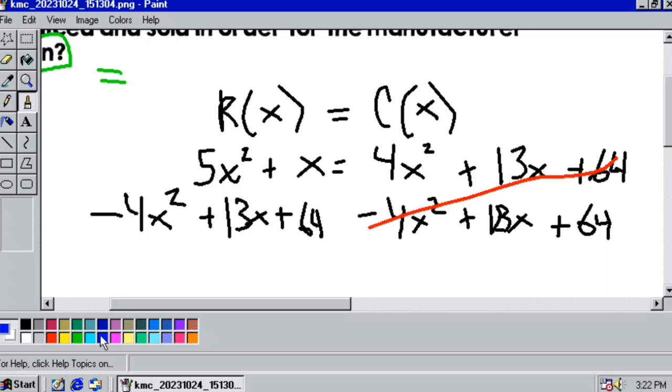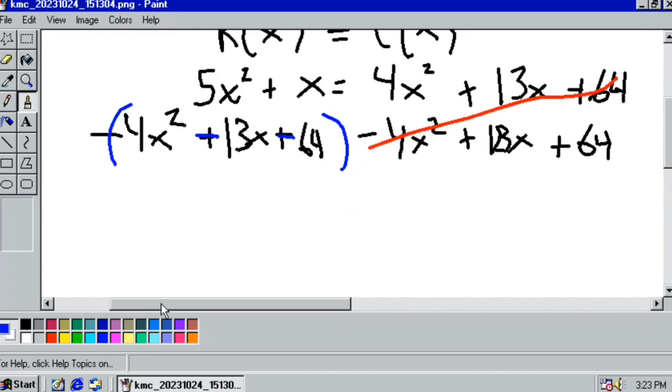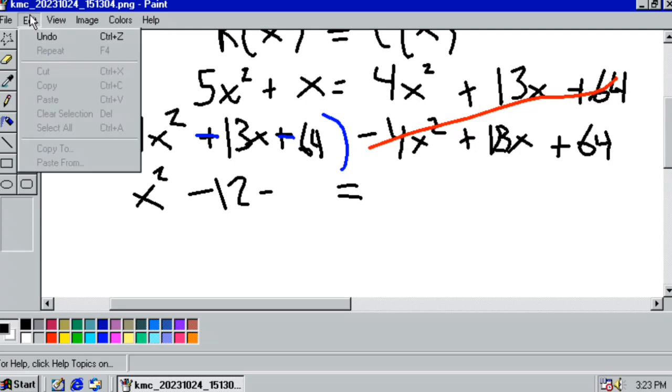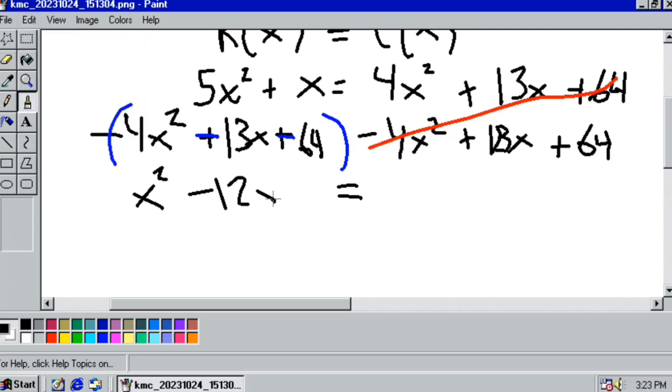Now we have a minus sign here. So negative times positive is negative. Negative times positive is also negative. So let's subtract the like terms. So 5x squared minus 4x squared is x squared. Positive x minus 13x is negative 12x. And we have negative 64 left. There we go. Then we have 0 on the right side.